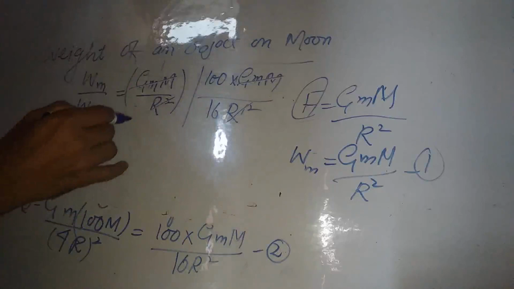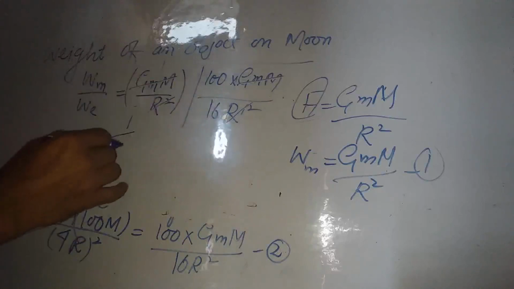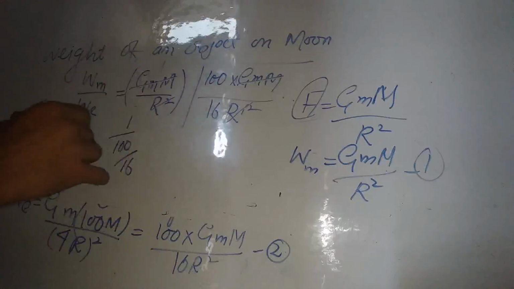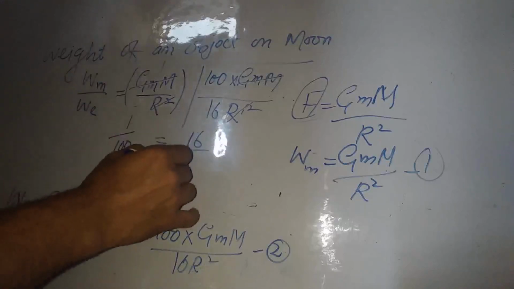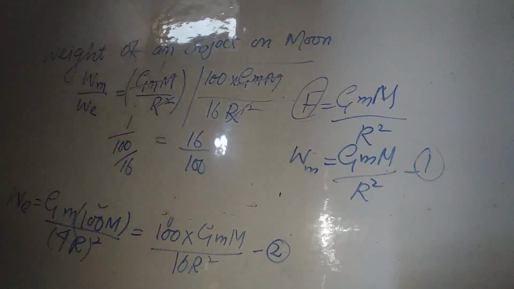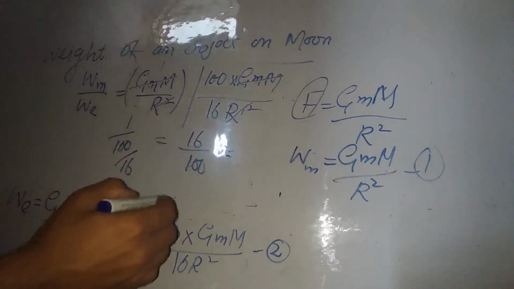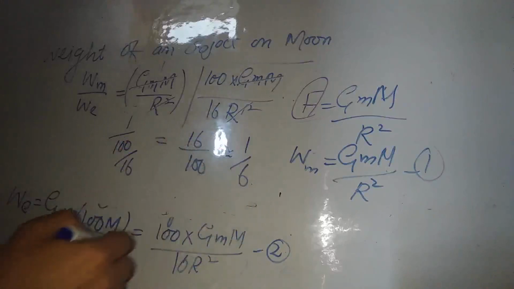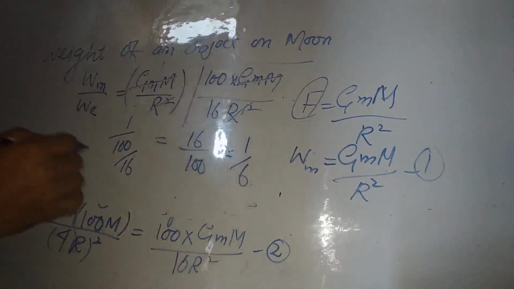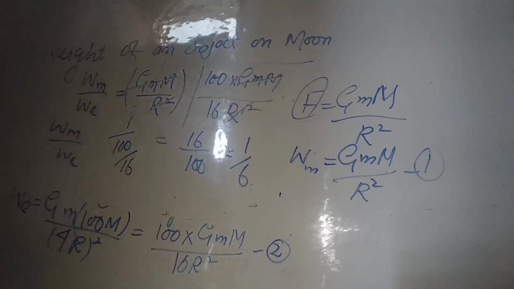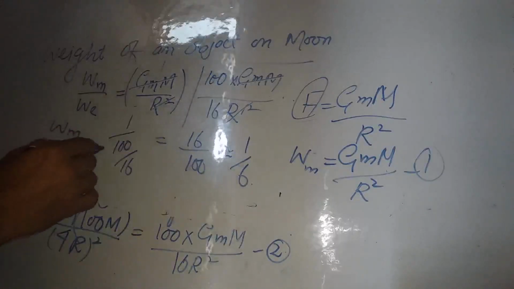So this is 1 divided by 100 divided by 16. तो ये 16 जो है ऊपर आएगा. This is 16 by 100. So 16 by 100 is approximately equal to 1 by 6. 1 by 6, and here Wm divided by We is equal to 1 by 6.